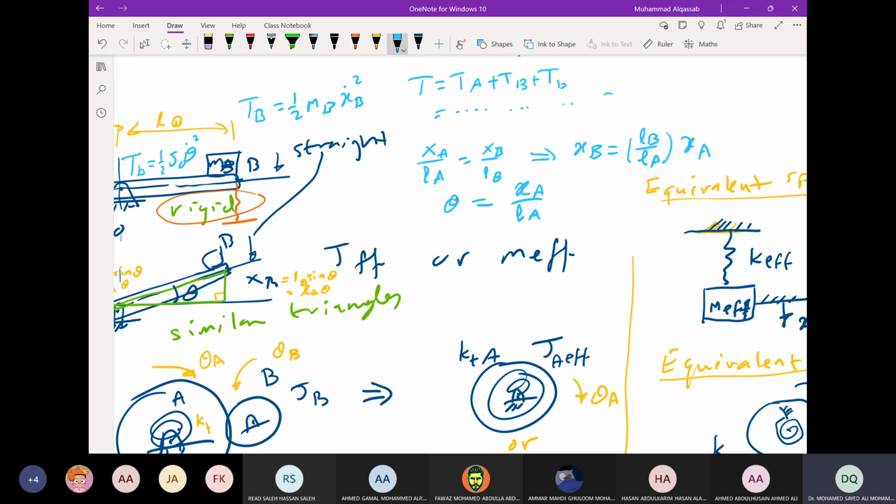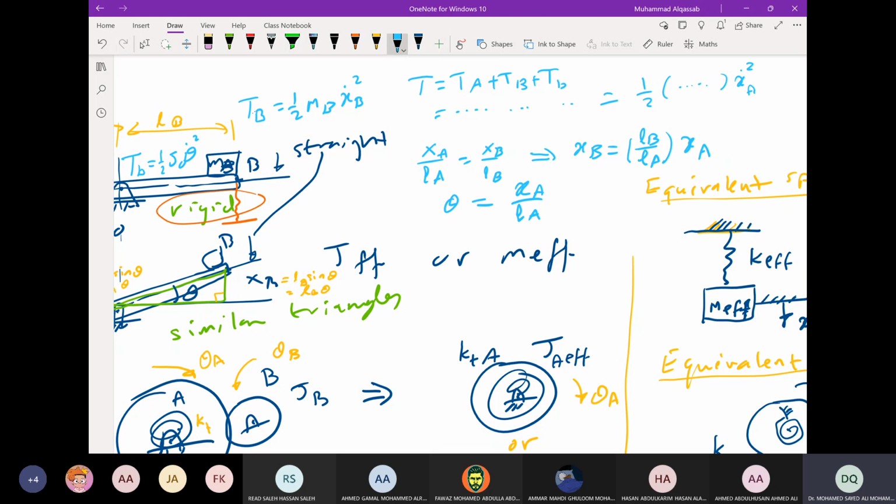And you will end up with 1/2 and some terms added together, multiplied by XA dot squared, because this will be the common factor after we substitute XB dot and theta dot in terms of XA dot.